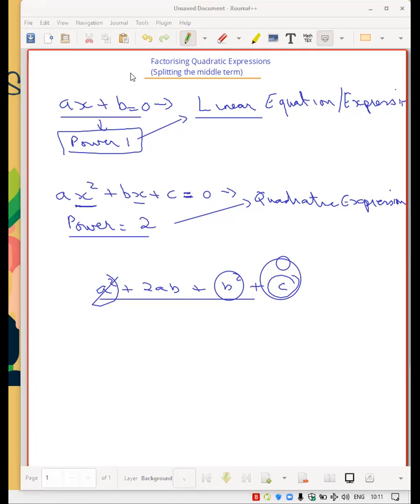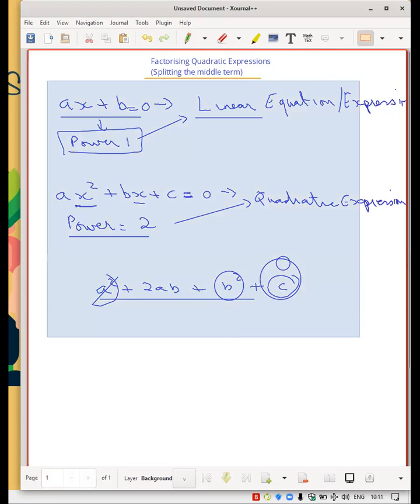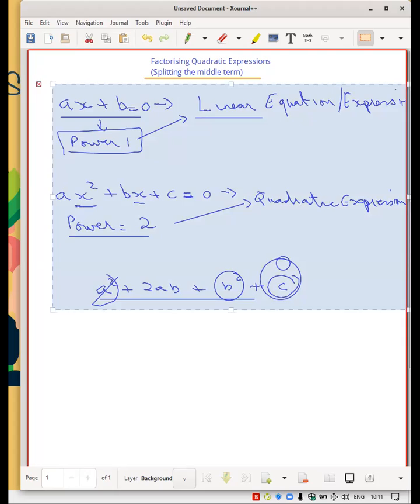Now we are going to learn how to factorize these quadratic expressions. Okay. So let's start with a very basic quadratic expression. Let me tell you the theory about splitting the middle term, or factorizing a quadratic expression.